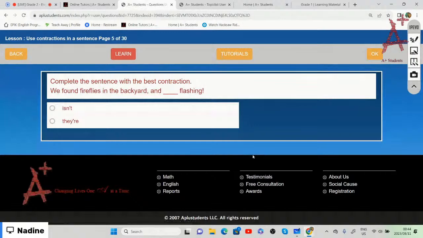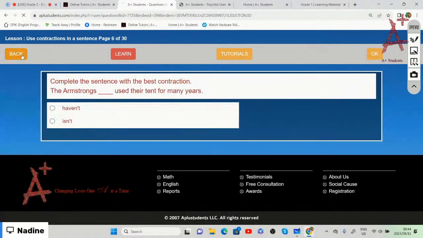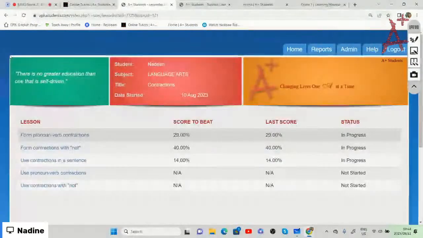So we found fireflies in the backyard and they're flashing, meaning that they are lighting up and they are flashing. All right, so that is now using contractions within sentences.